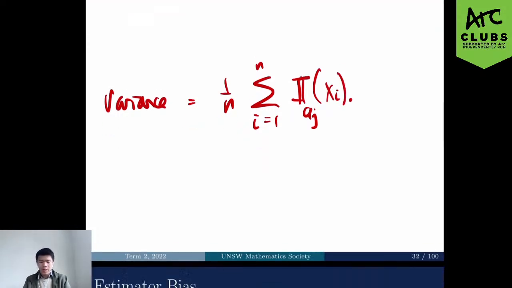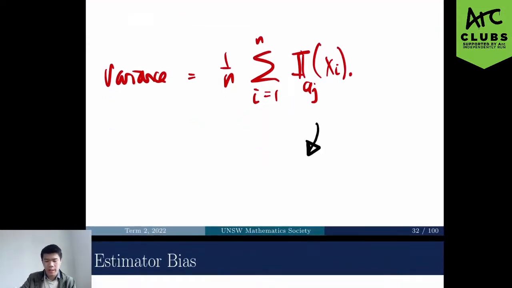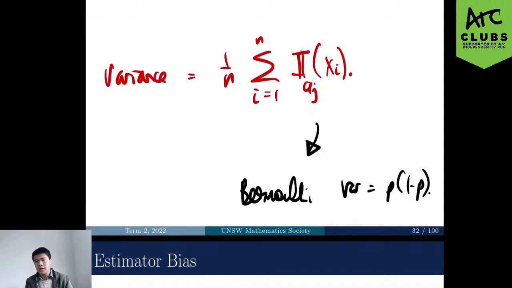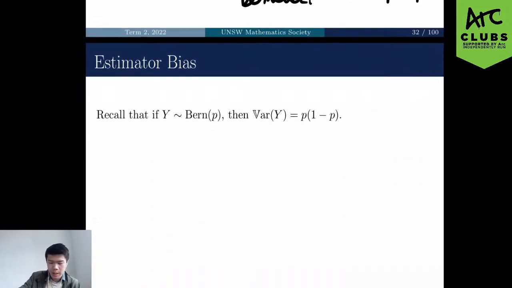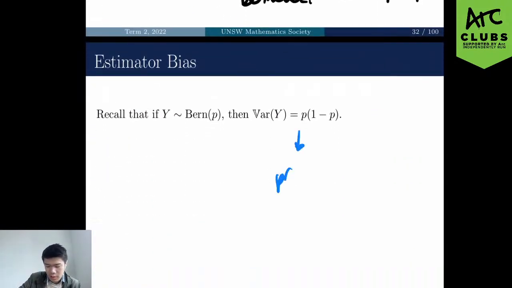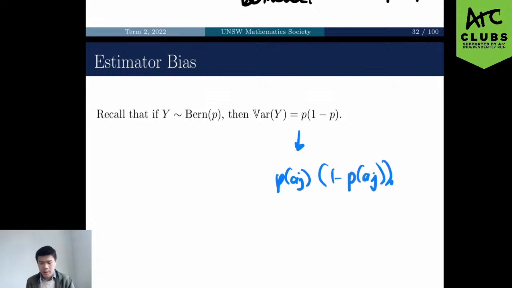Right? And each of these is Bernoulli, and we know that Bernoulli has variance p times 1 minus p. If you don't remember that, you can check your formula sheet, but basically it has variance of p times 1 minus p. So in this case, because we know what p is, P of aj times 1 minus P of aj.